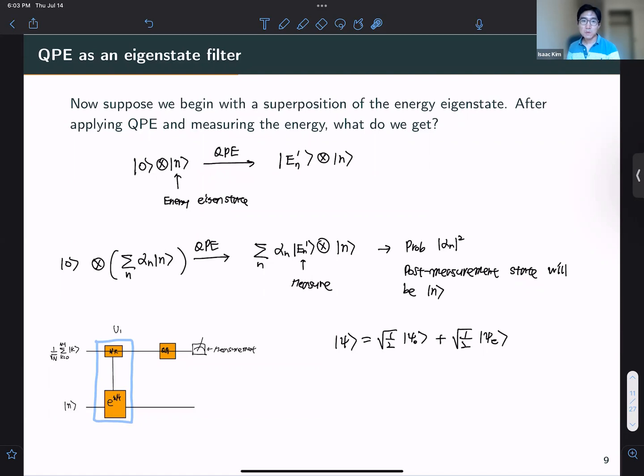And with probability of 50%, you will be able to prepare the true ground state. So this is one thing that a quantum computer is very good at. It's very good at selecting out an energy eigenstate. So these two things are the primary applications of quantum phase estimation.